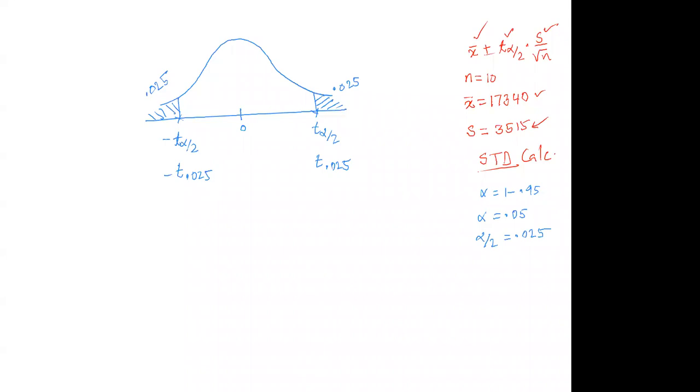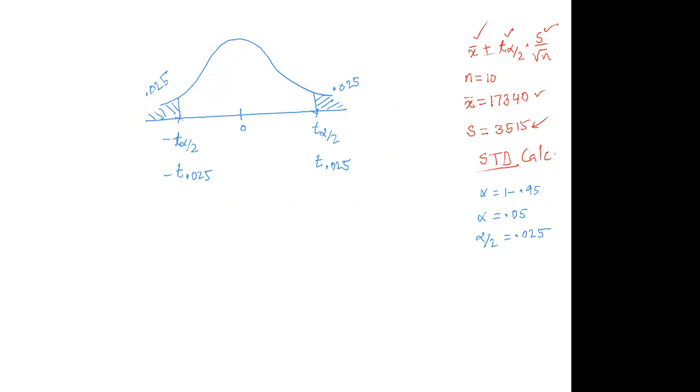To find them, everybody, please open the T distribution table. It's page number 7 in the handout.